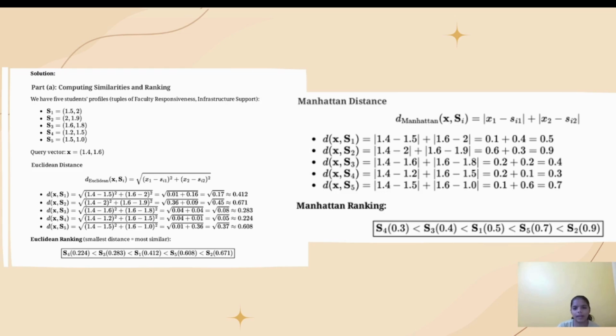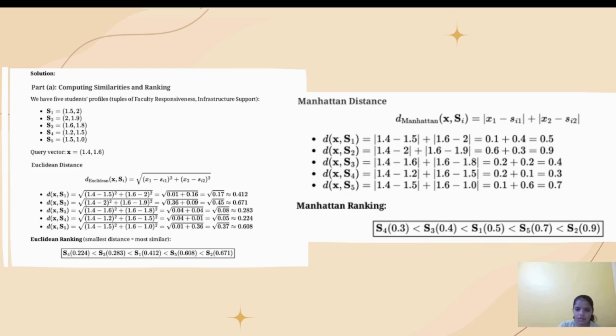Now to calculate the Manhattan distance, our formula is the summation of absolute values. So here our x1 is 1.4 and x2 is 1.6 from the given query vector. Now we have to calculate the distance for all the students.